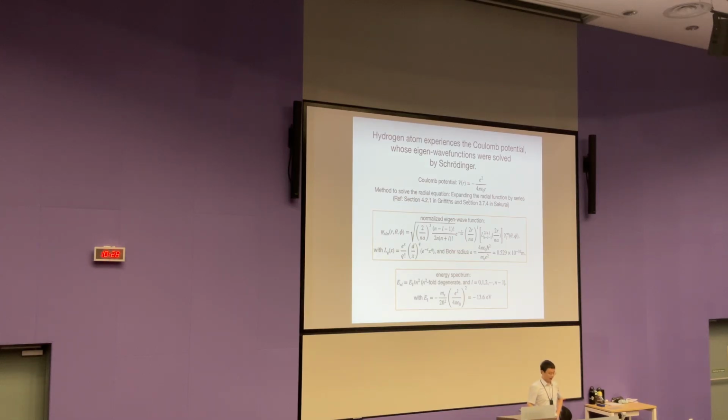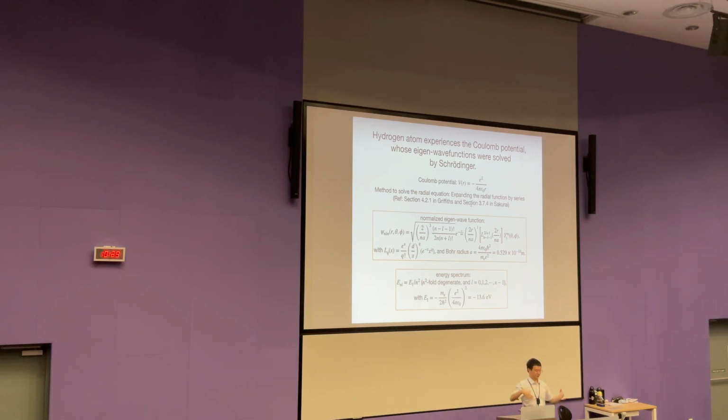wave function. One standard method of solving this equation is to expand the radial part of the wave equation in terms of a Taylor series. And then our goal is to understand the coefficients of the series.